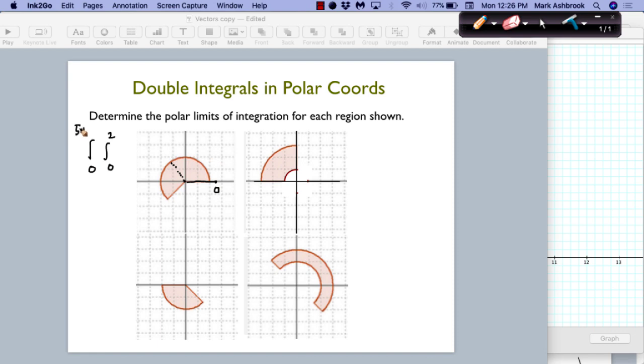So those would be the limits for this first one. Then we'd have f times r dr d theta. So for a fixed angle, to get all the points in that region, you start at r equals 0 out to r equals 2, and then take each of those from theta equals 0 around to 5 pi over 4.